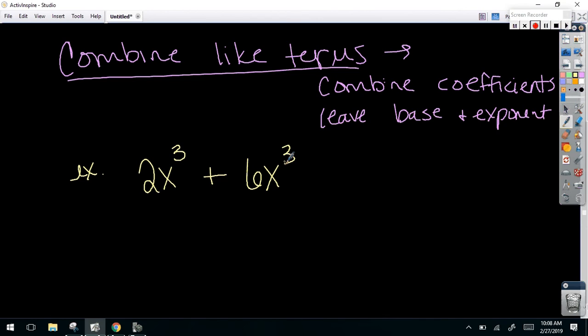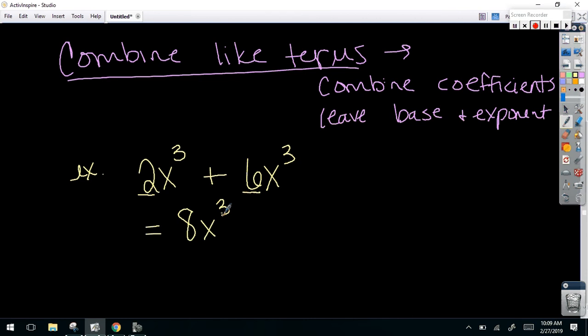I leave the base and the exponent alone. So we add the 2 and the 6, and the x to the third stays. That's how you combine like terms. Okay? So what we're going to do is use this concept to add whole polynomials together.